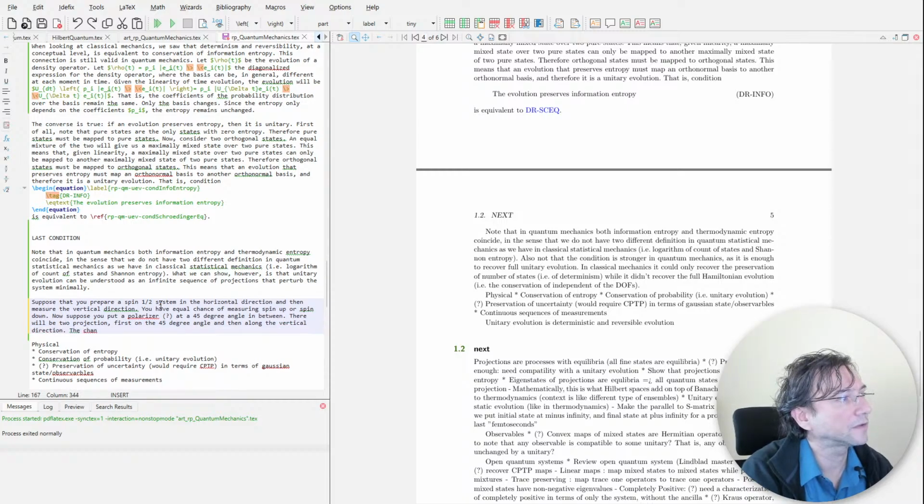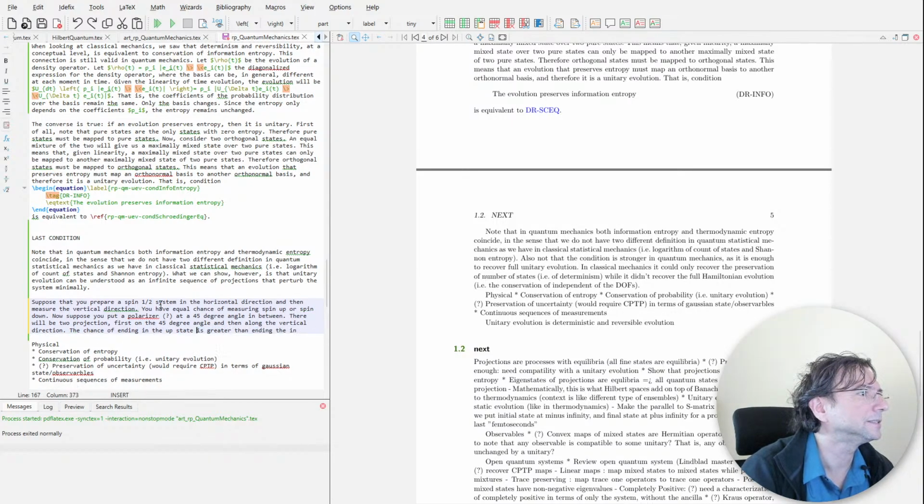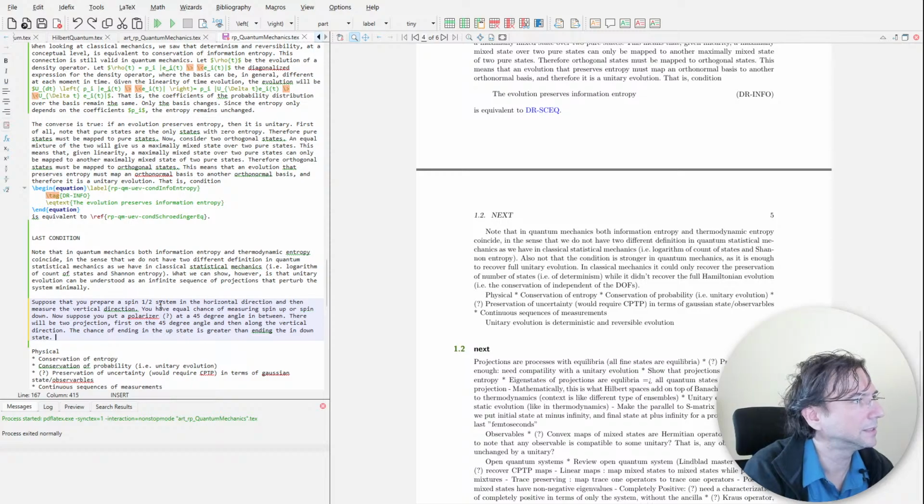The chance of ending in the up state is now greater than ending in the down state.